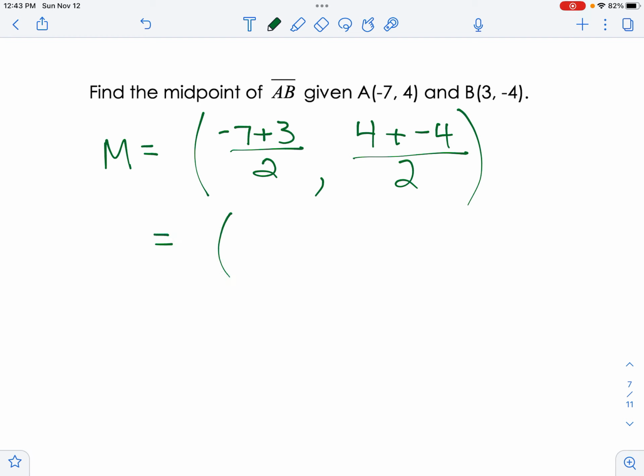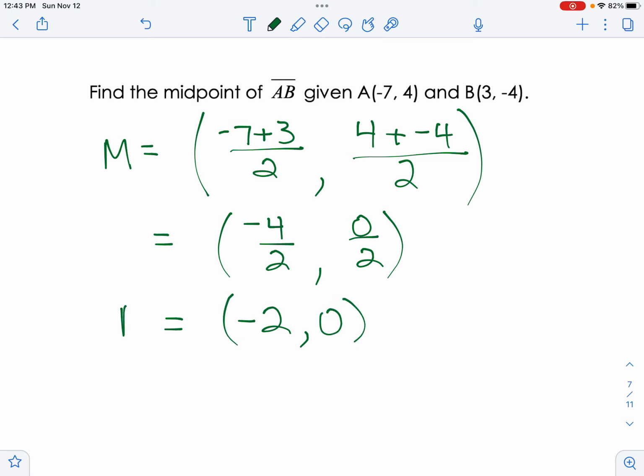Negative 7 plus 3 is negative 4. 4 plus negative 4 is 0. So negative 4 divided by 2 is negative 2. 0 divided by 2 is 0. So the midpoint of segment AB lies at the point (negative 2, 0).